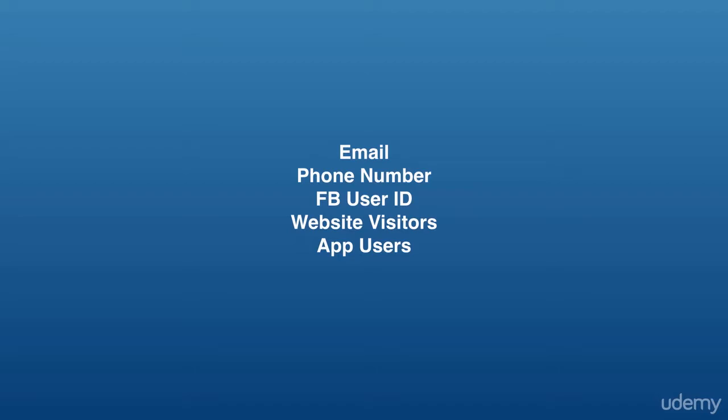And if you're running an app and there are some people who registered to your app, you can also re-engage with your existing app users. So there's lots of different data we can use. Custom audiences is really great, and in the next video we will figure out why you should definitely make use of custom audiences, what custom audiences will change, and why they're so incredibly valuable for you and your business.